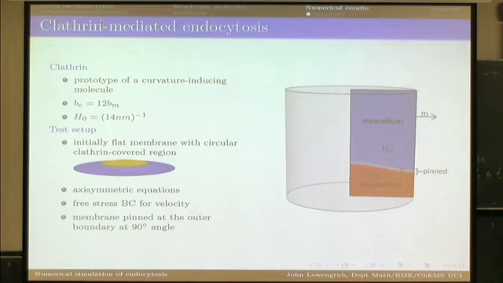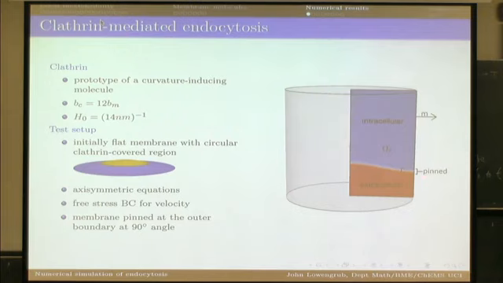And so we have the extracellular fluid, the intracellular fluid, and here's the membrane. And so we now are going to pin the membrane here in the sense that we're going to keep this contact angle 90 degrees, here just for simplicity.